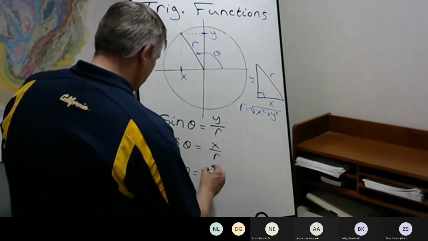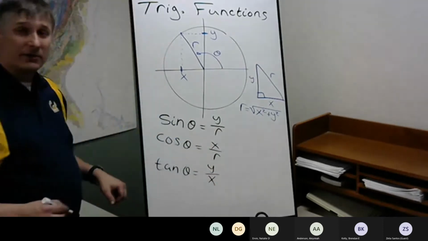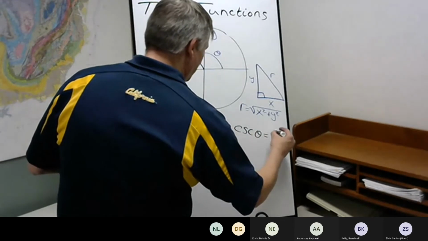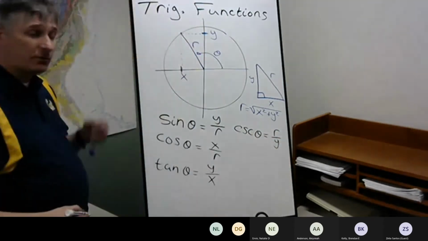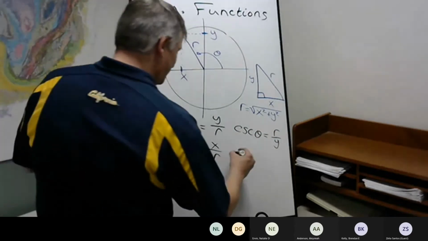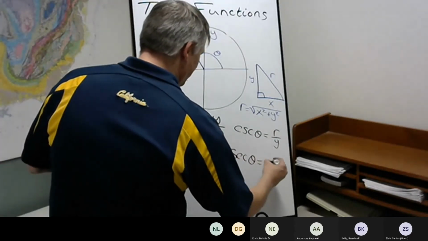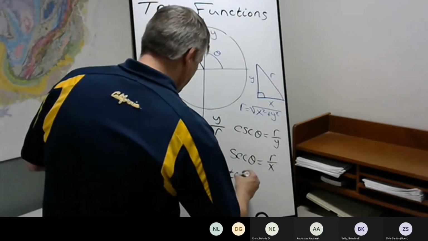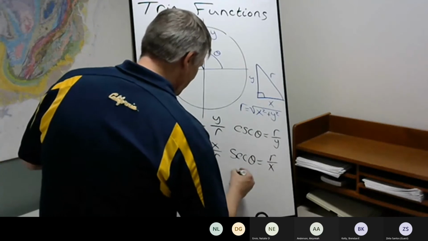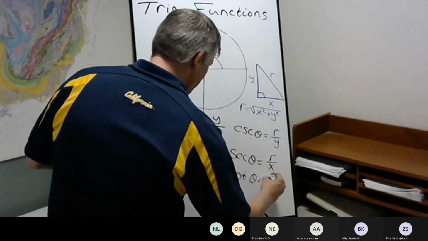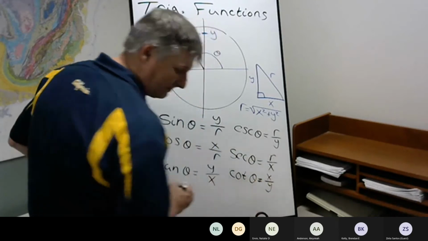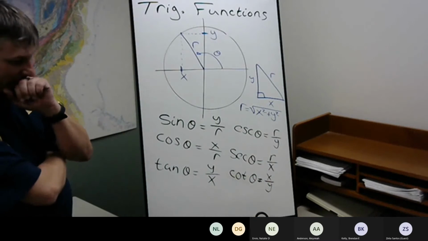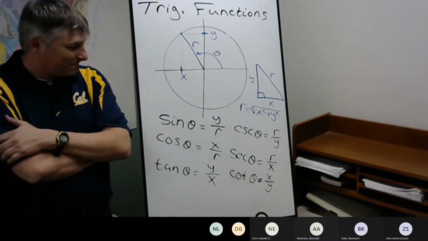Tangent of theta, y over x. Cosecant theta, r over y. So we flip it. Secant theta, again, we're going to flip it. It's r over x. Then cotangent is x over y. So questions about this?